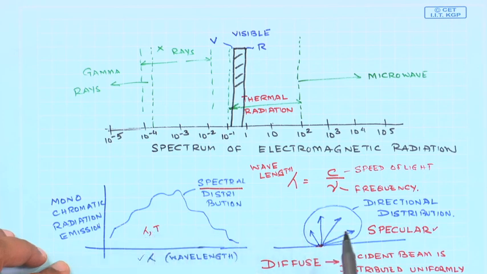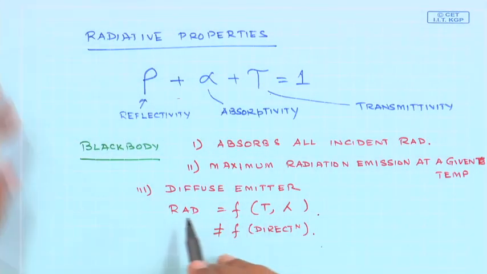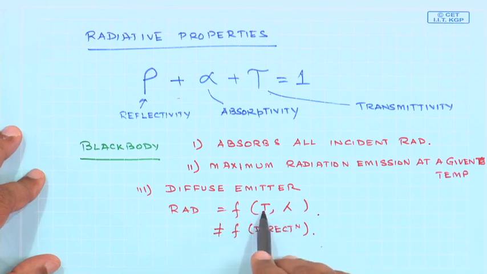Apart from that, there could be directional dependence of radiation, what we call specular, where from a point it would emit different amounts of energy in different directions. So, ideally the radiation is a function of temperature, of wavelength and of direction.